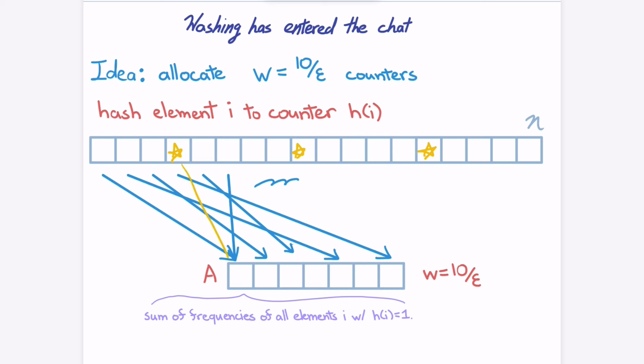Okay, so if they collide, then their counters are going to add up, right? So for example, in that extreme case, maybe epsilon is 33% or something. There can only be 3 big elements. And let's say the entire stream is just the 3 big elements alternating. Everything else is 0. What you're hoping is that those 3 don't collide with each other and they all get hashed to their own counters.